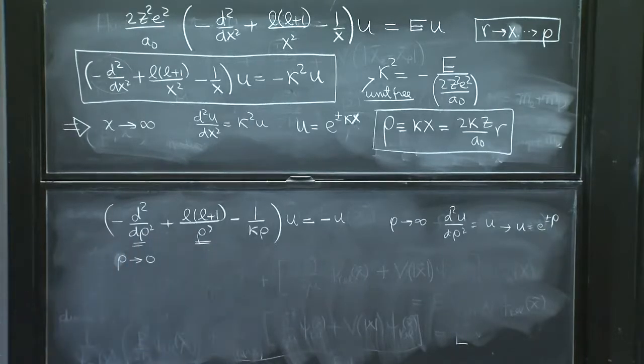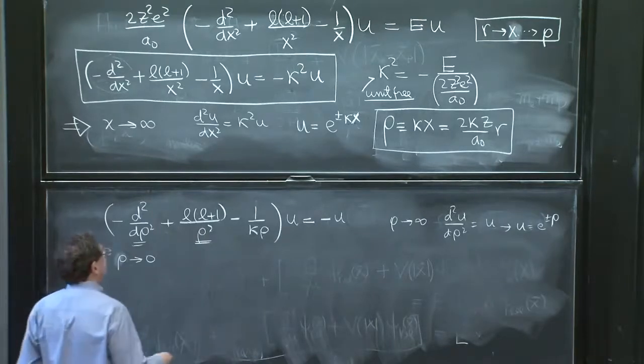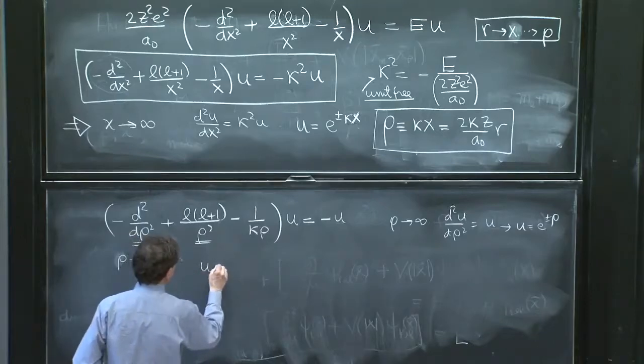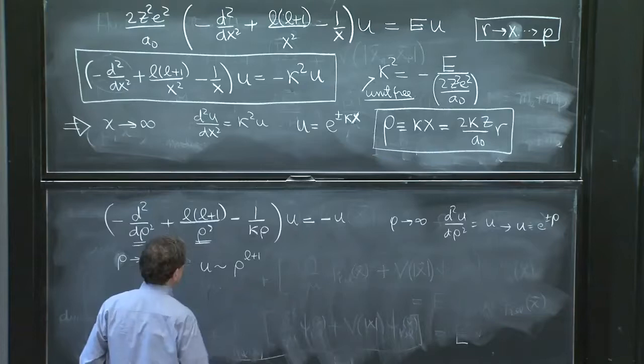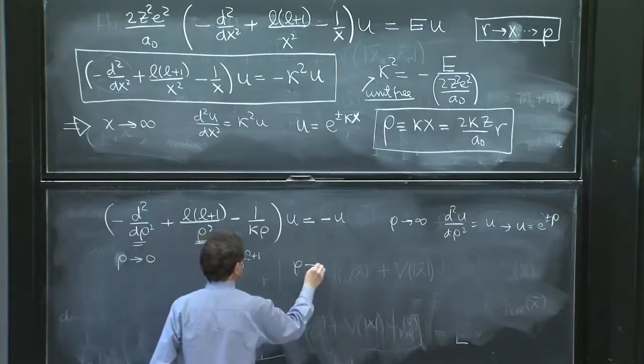And we actually did it last time. We analyzed what was going on with this equation last time, near rho equal to 0, and we found out that u must behave like rho to the L plus 1 for rho going to 0.